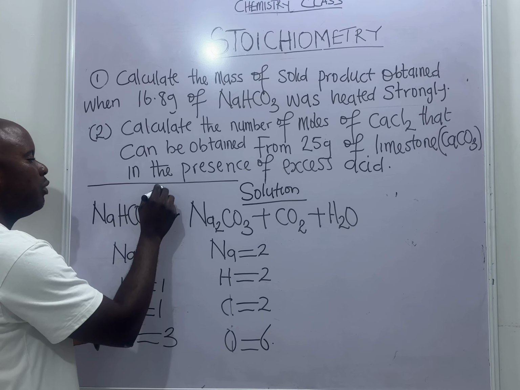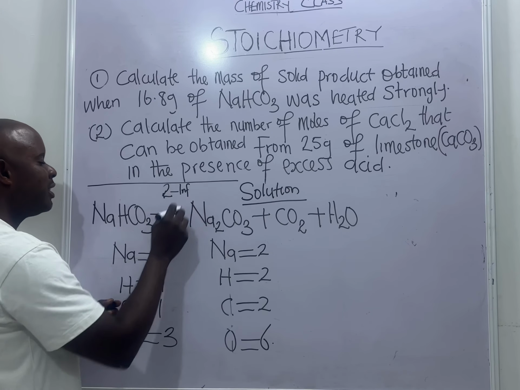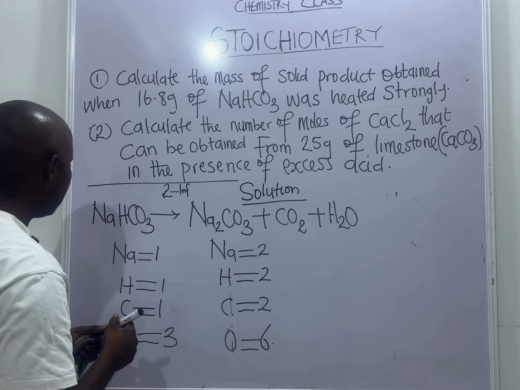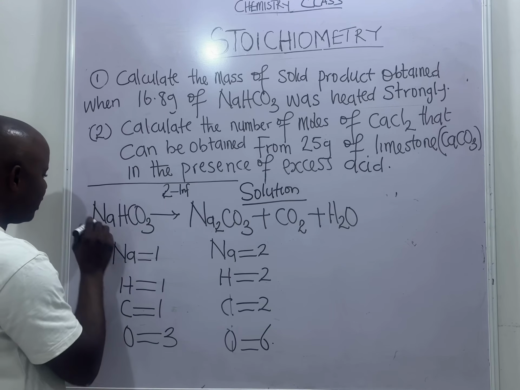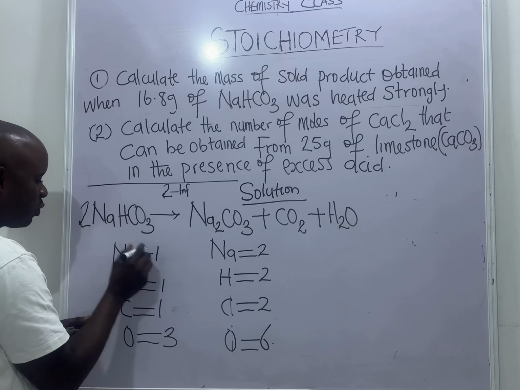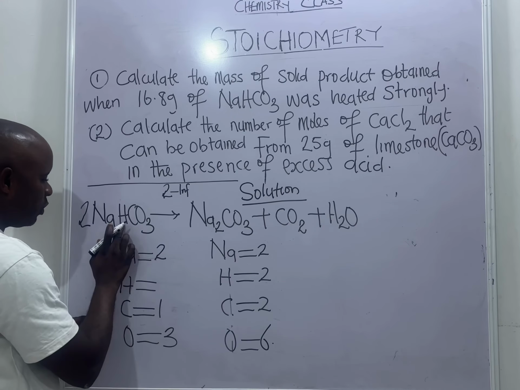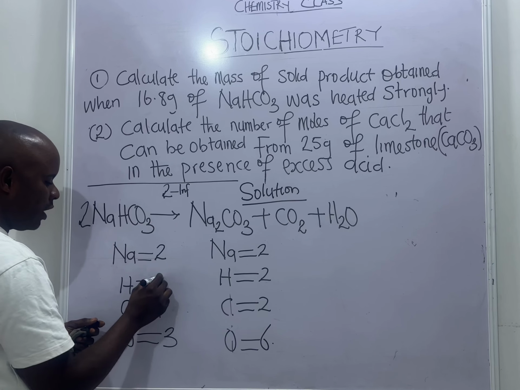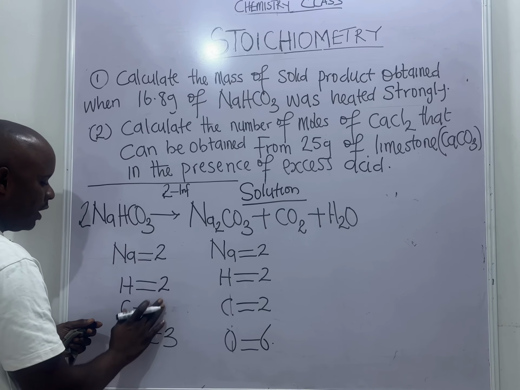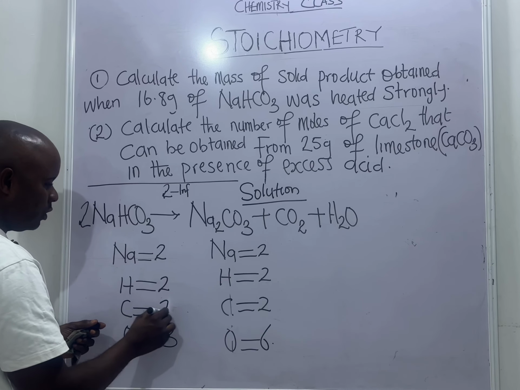From our last video, we said we can add 1 to infinity to balance a chemical element. Let's add 2 here. Sodium 1 times 2, I'm going to have 2. Hydrogen, 2 times 1, I'm going to have 2. Carbon is 1 here, 1 times 2, I'm going to have 2.